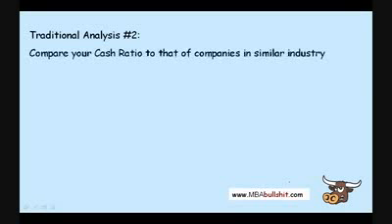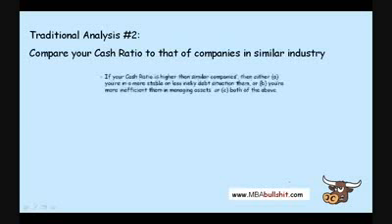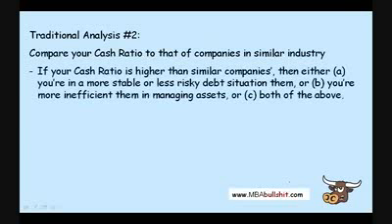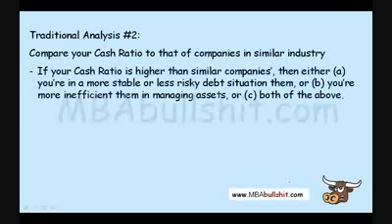Traditional analysis number 2. Compare the cash ratio to that of companies in a similar industry. If the cash ratio is higher than similar companies, then either it's in a more stable or less risky debt situation than them, or it's more inefficient than them in managing cash.